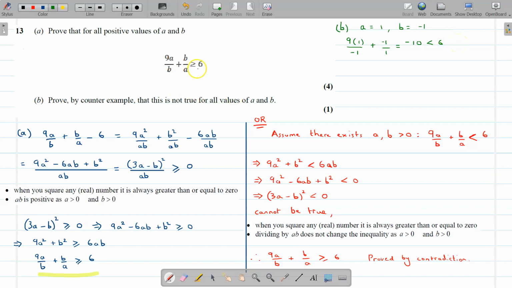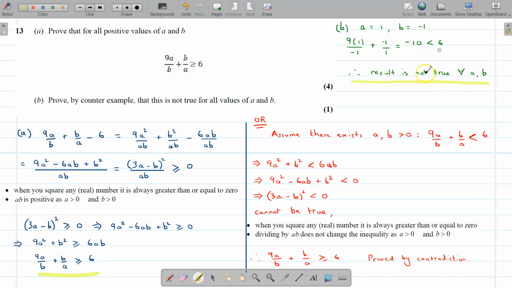It's not greater than or equal to 6, so therefore the result is not true for all values of a and b. It is true for positive values of a and b, but it's not true for all values of a and b. And that summarizes and proves that part.